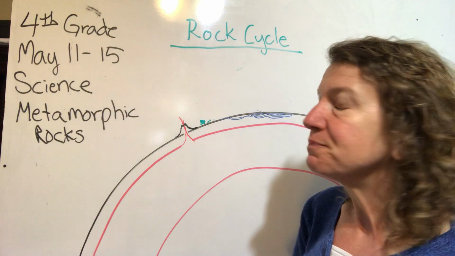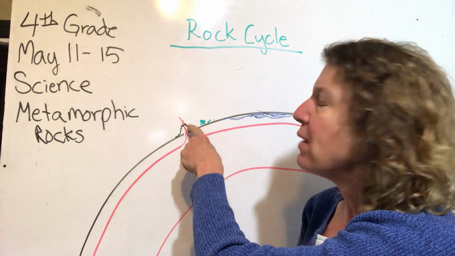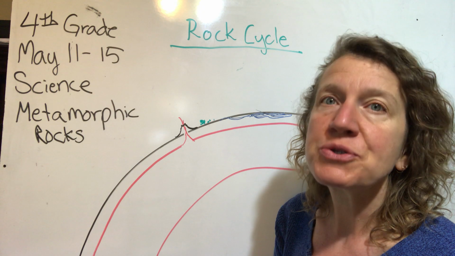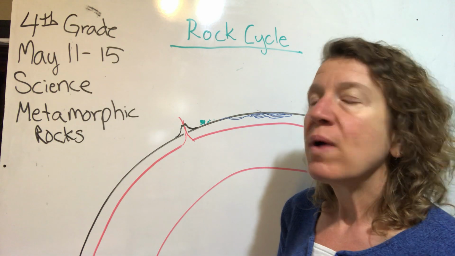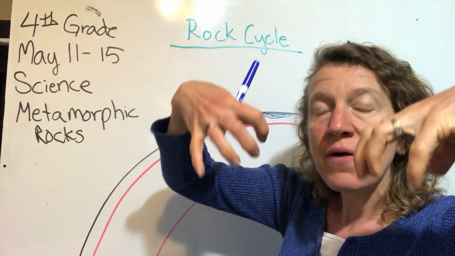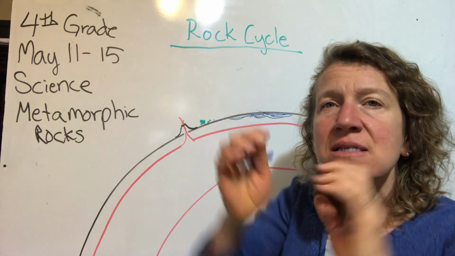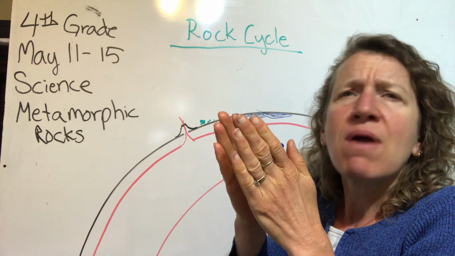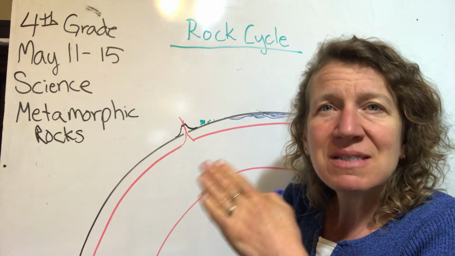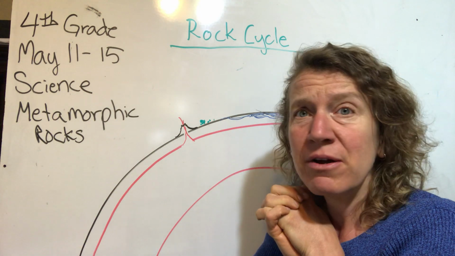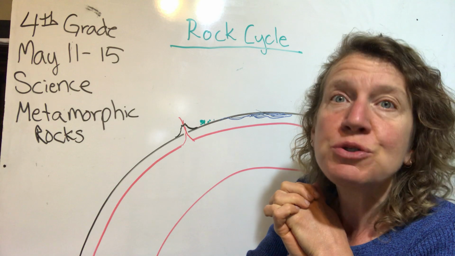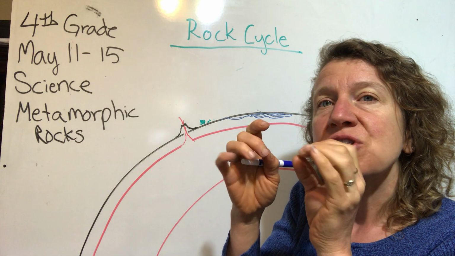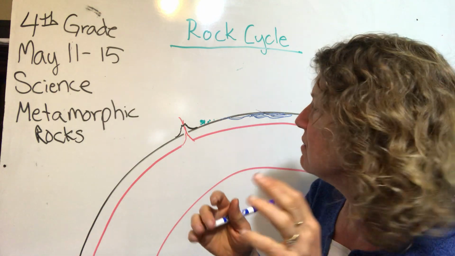That weather can break off little pieces of rock, okay? It weathers the rock. When ice goes into cracks and it freezes, water expands when it freezes and it cracks that rock. Can you believe that? Something just as simple as water and ice can crack huge boulders, okay? And breaks it down into smaller and smaller pieces.